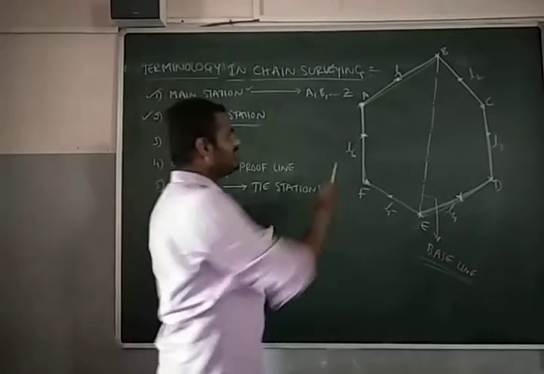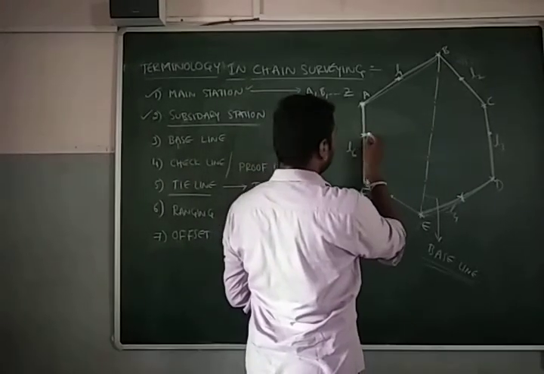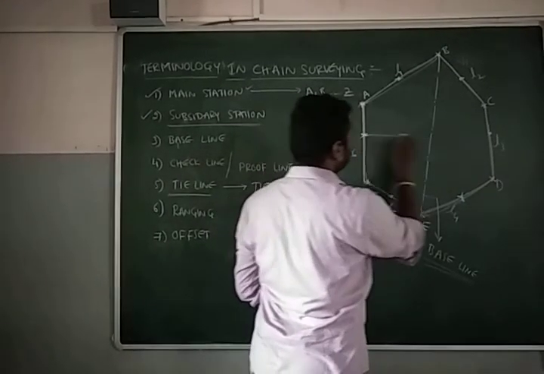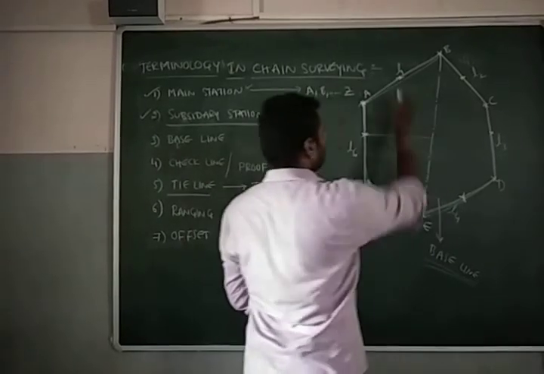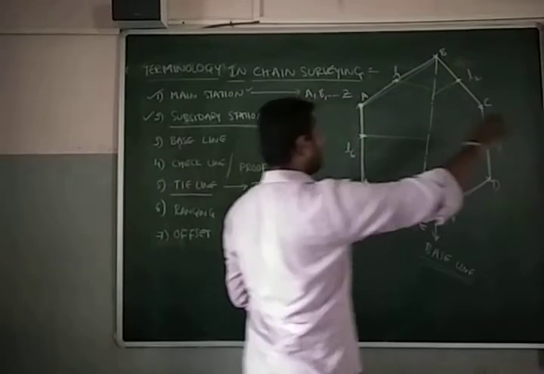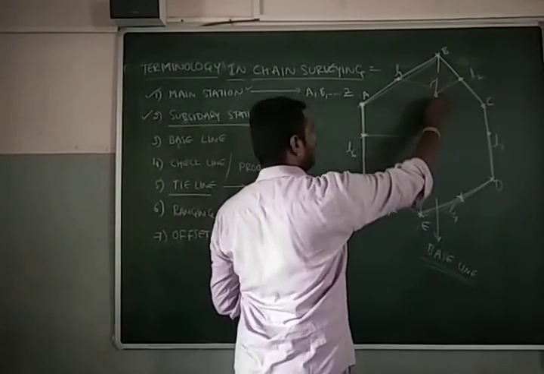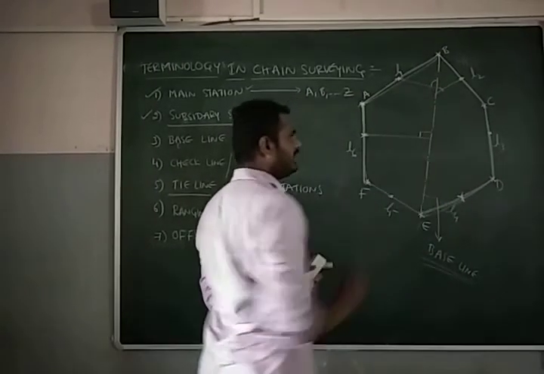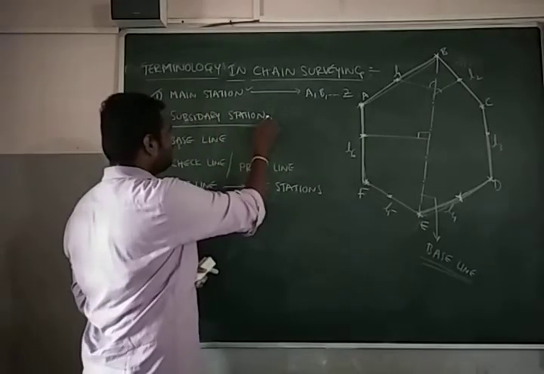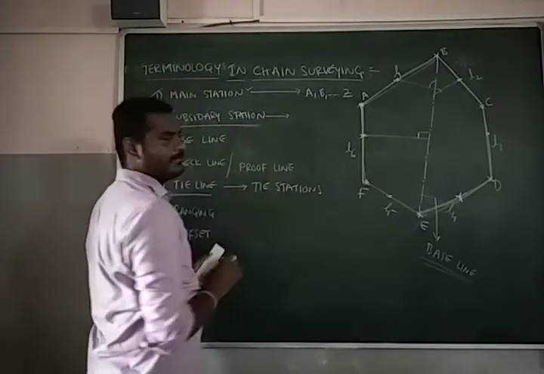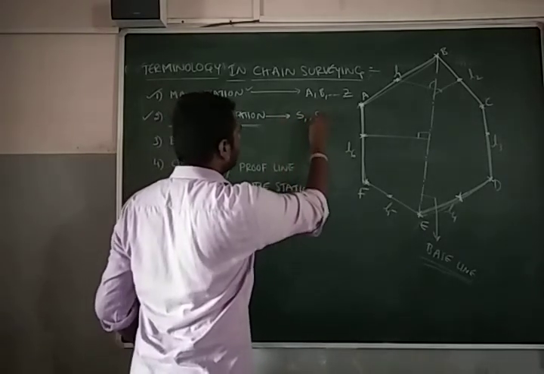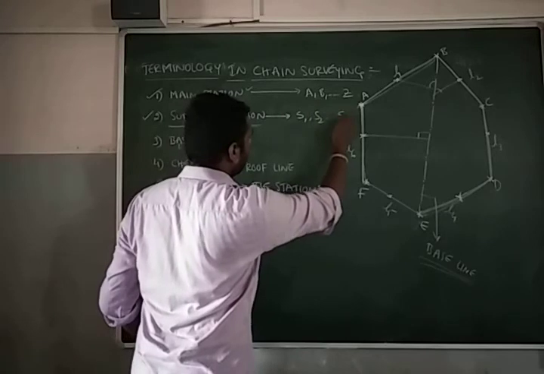So now from the subsidiary stations you can erect a perpendicular which runs from subsidiary station to baseline, subsidiary station to baseline, at any angle, that may be some theta or exactly 90 degrees, whatever. Now these subsidiary stations are located by S1, S2 up to Sn.